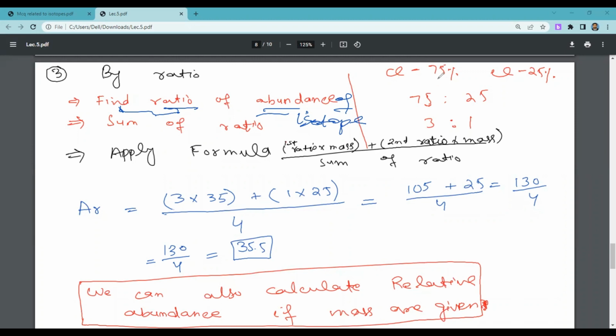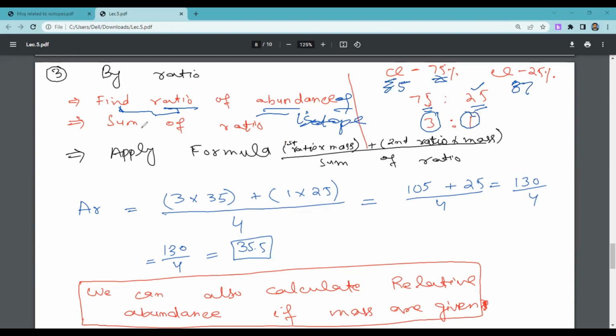Now we know that the abundance of chlorine 35 is 75% and abundance of chlorine 37 is 25%. So we will take the ratio of the abundance of these isotopes, 75 to 25. When we simplify them, we get the simplest ratio 3:1.